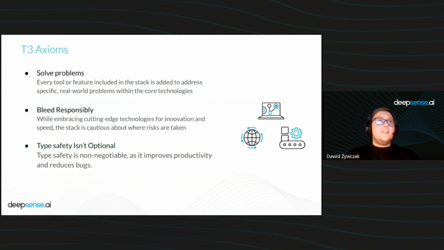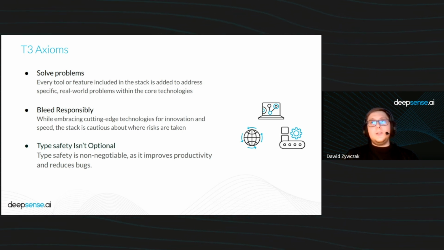The stack follows three axioms. The first is solve problems, which means that every tool or feature included in the stack is added to address specific real-world problems within the core technologies. The second is bleed responsibly, which means that while we embrace cutting-edge technologies for innovation and speed, the stack is cautious about where risks are taken.